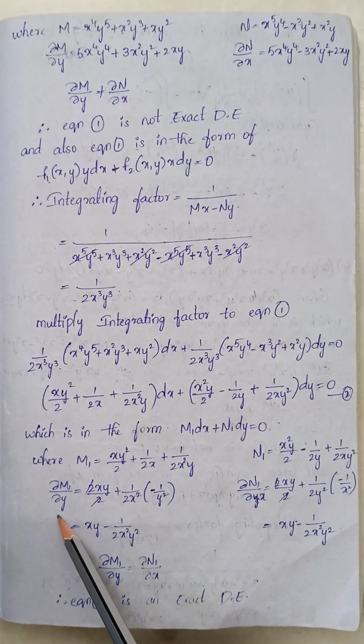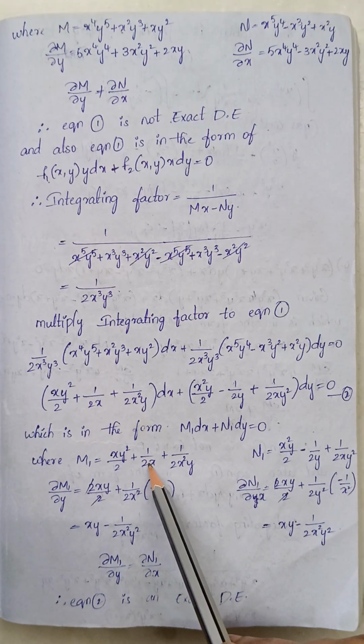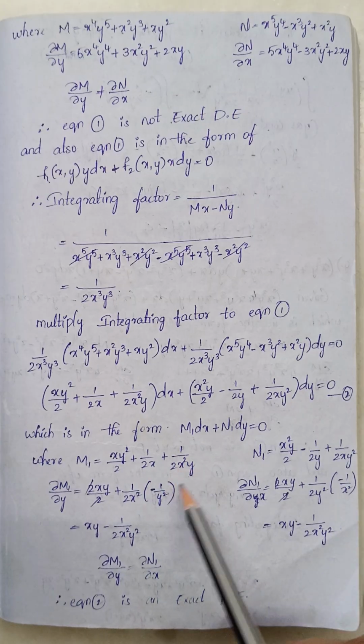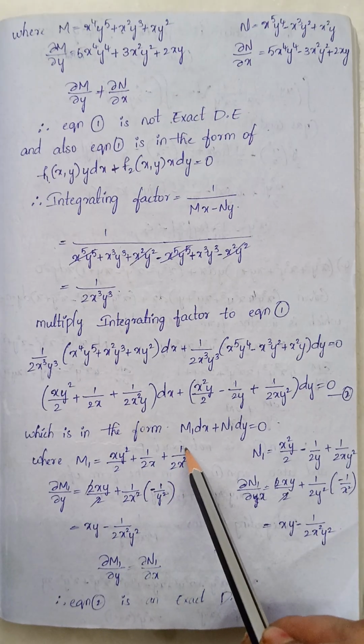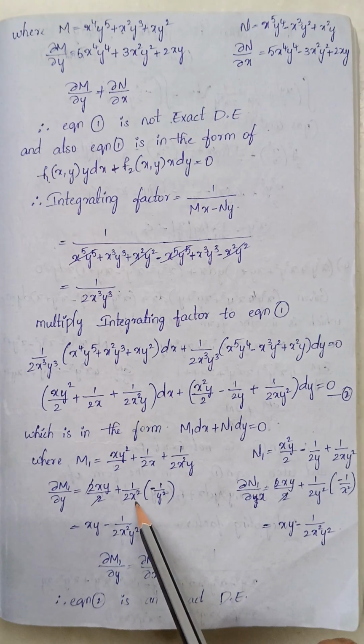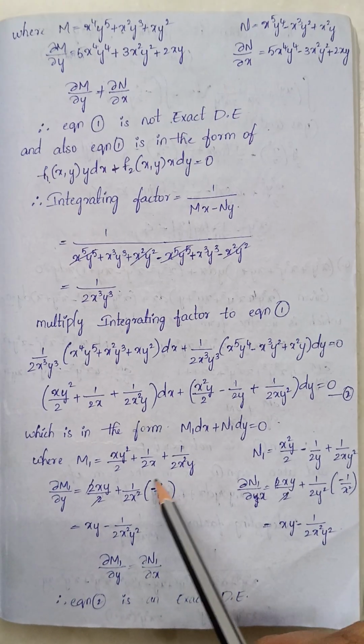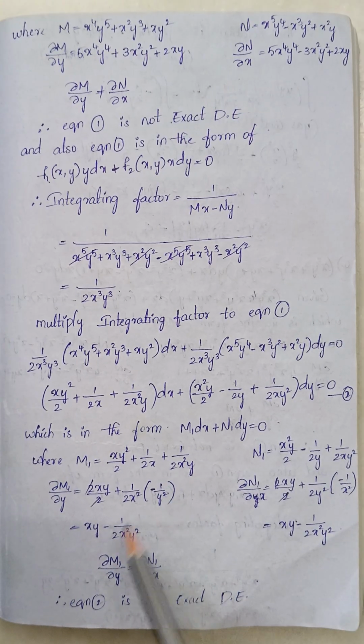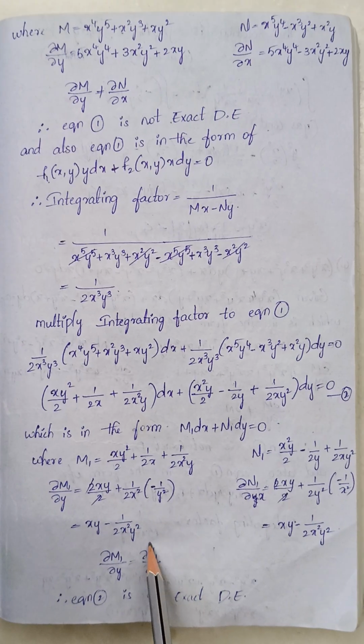Again with respect to y means this is constant whose derivative is 0, and here constant into function, so 1 by x square constant as it is, and 1 by y derivative is minus 1 by y square. Now after simplification, xy minus 1 by 2x square y square.